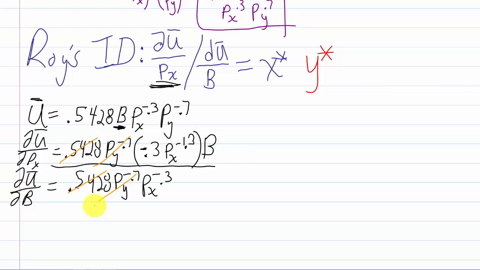So what we're going to be left with over here is a b in the numerator, minus 0.3, and a price of x to the minus 1.3, divided by price of x to the negative 0.3.